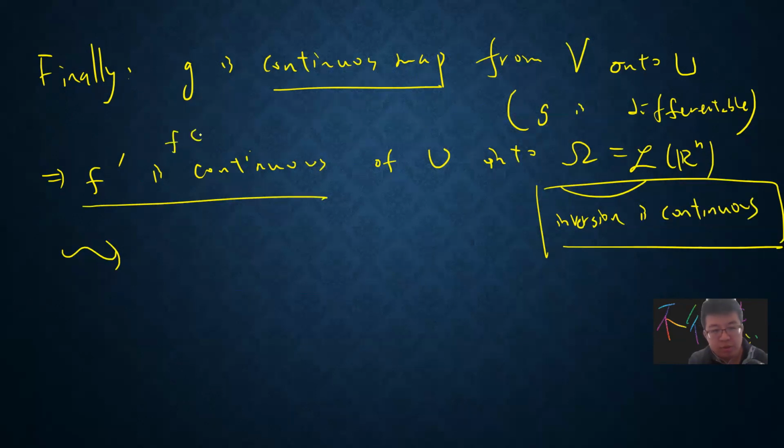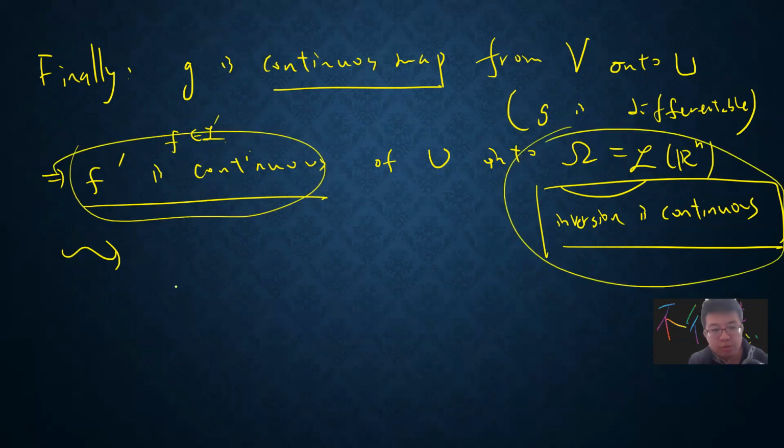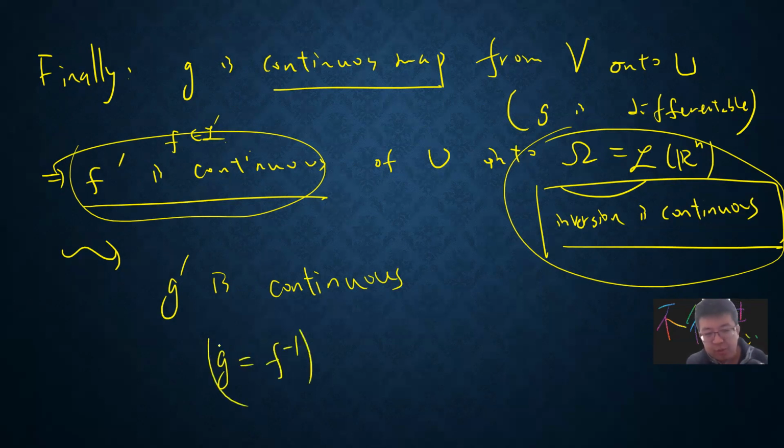Because f belongs to this class, f prime is continuous and the inversion is continuous, which proves that g prime is also continuous. Because you have a formula for g prime, since g is f inverse. Let me check again.